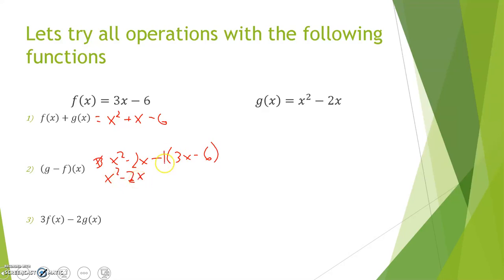But then I'm going to subtract this whole thing, which means I'm going to distribute this negative 1. So it's going to be minus 3x and then plus 6. When I combine my like terms, I'll have x squared, and then negative 2x and negative 3x is negative 5x, and then plus 6. And that's what g minus f of x would be equal to.